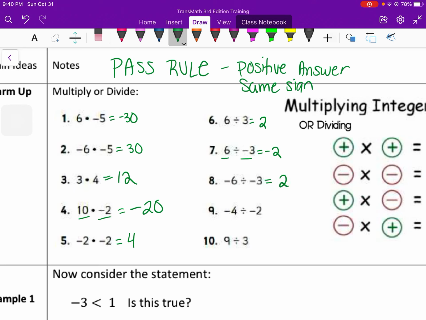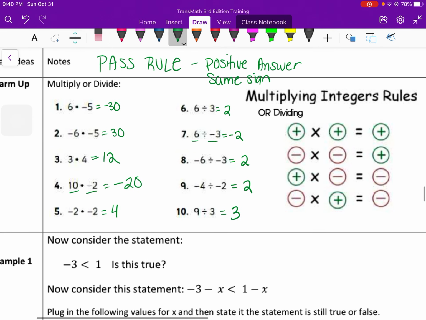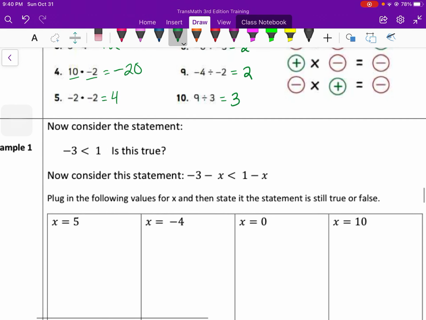So negative 6 divided by negative 3 is positive 2. Negative divided by negative is positive. So 4 divided by 2 is 2. 9 divided by 3, positive divided by positive, same positive answer when the signs are the same. So 9 divided by 3 is positive 3. So remembering your integer rules will help you out in this section today.